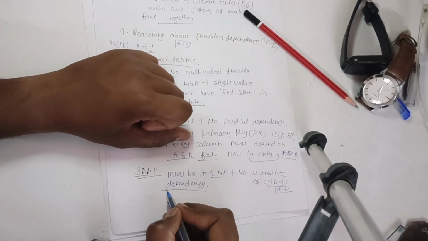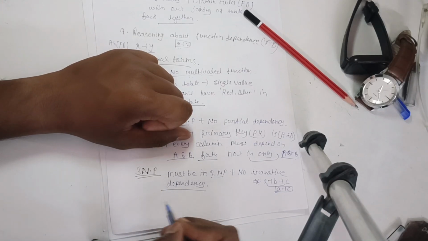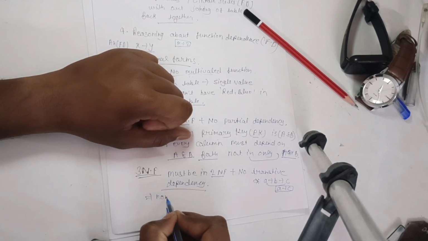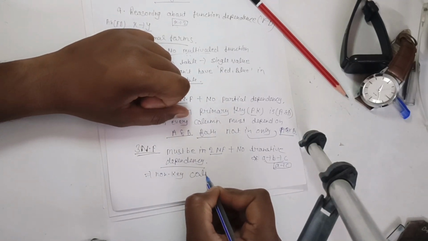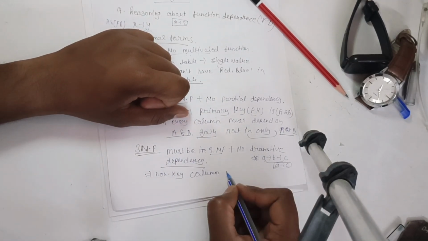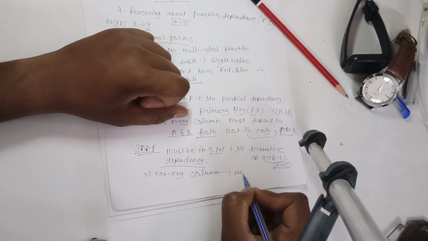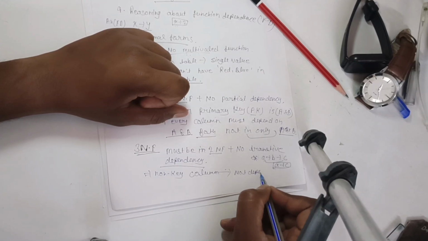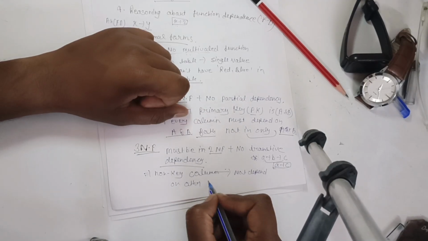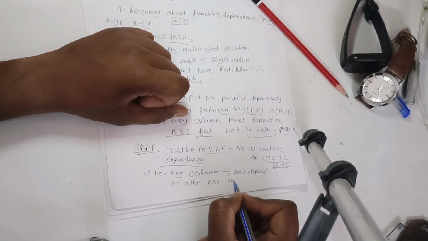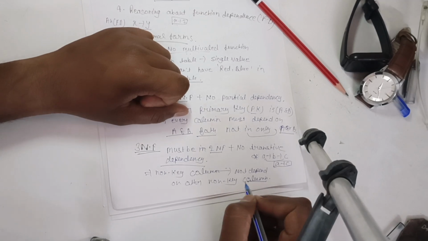In simple words, a non-key column should not depend on another non-key column. I hope you all have understood.